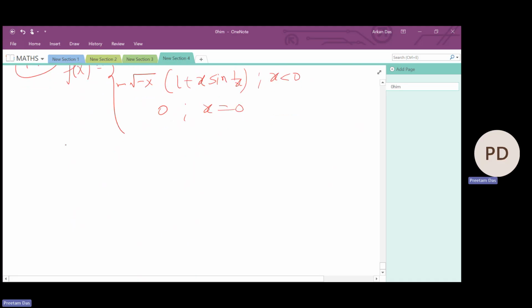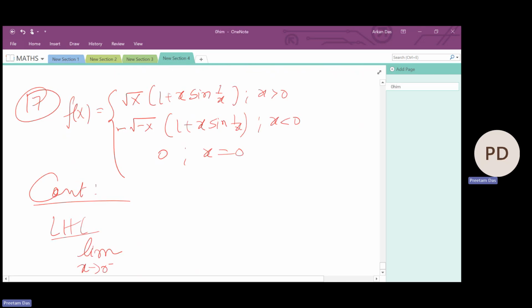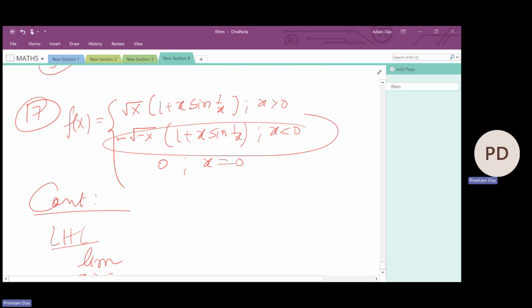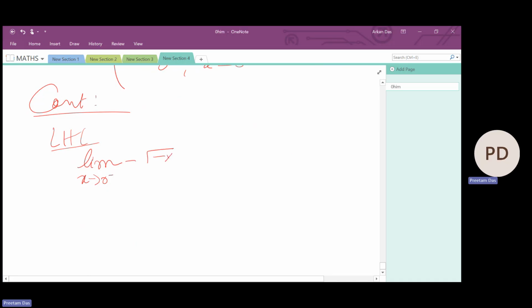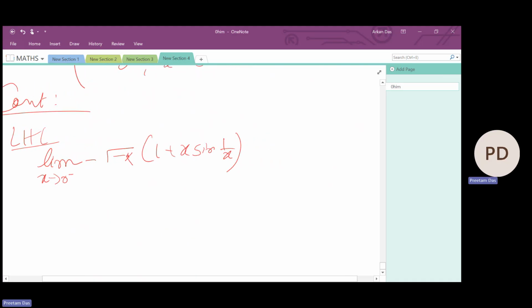Let us check the continuity first. So what will be the left hand limit? Left hand limit will be limit x tends to 0 from the negative side, and we have to take this part of the function because this is the part where it is defined for negative x. So minus square root of minus x, 1 plus x sine 1 over x. What will be this value? If you go to 0 from the negative side, it is minus 0 point something, so this will still be 0 point something. And this one, this will be 1 plus 0 times a number between minus 1 to 1.